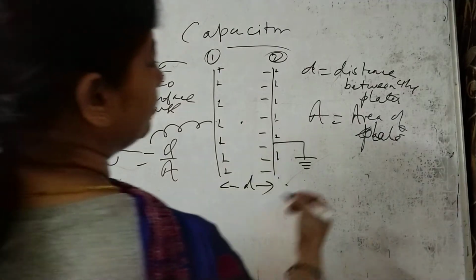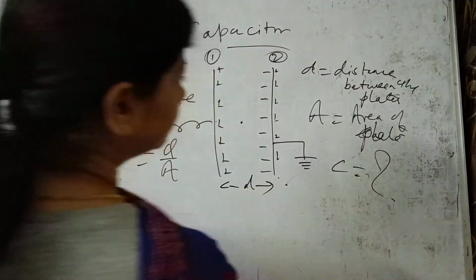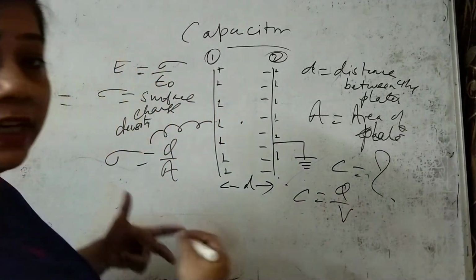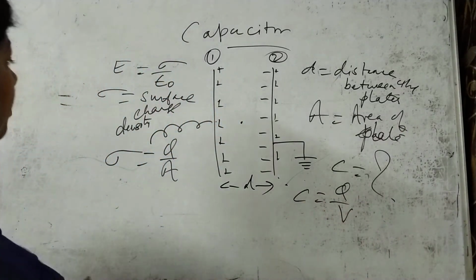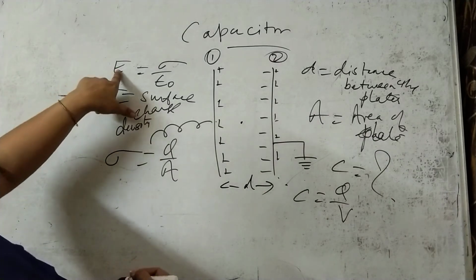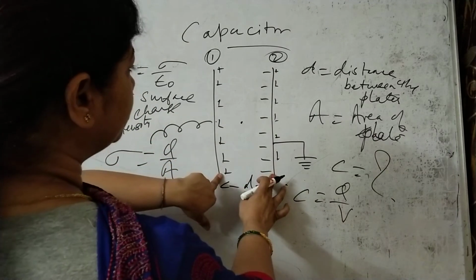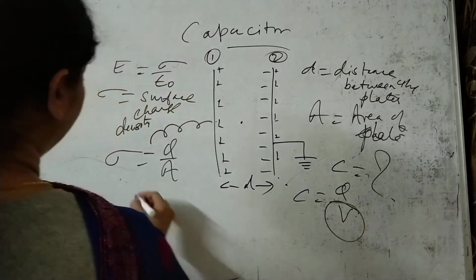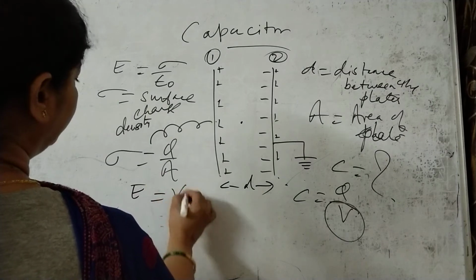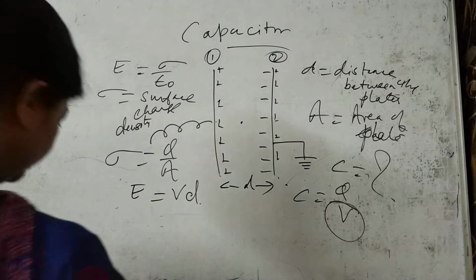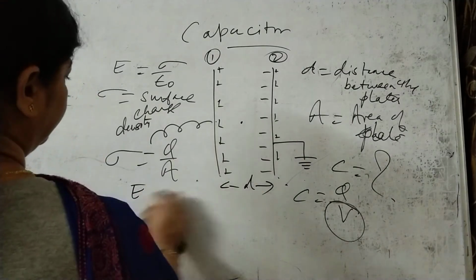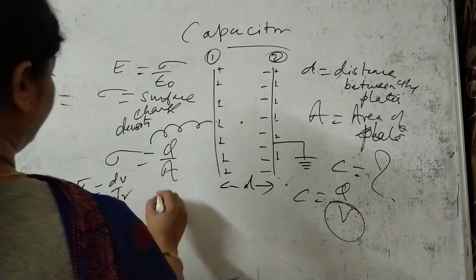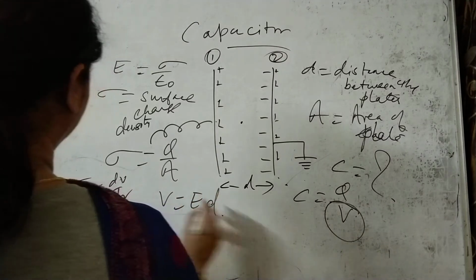What is our intention? We need to find out the capacitance, right? Now C is equal to Q by V. So we need to find out the potential, and how do we find the potential here? Here we have got the electric field and the distance of separation between the two plates is D. So in order to find V, we have E equals dV by dr. So V is equal to E into D. Right.